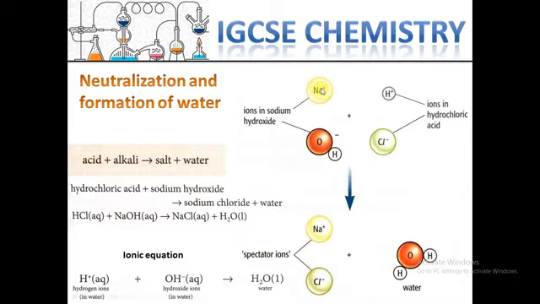But the reaction between the metal and non-metal, these two, we can get the salt. We studied before the ionic reaction between acid and alkali, we can get the salt and water. The water is the result of these two.